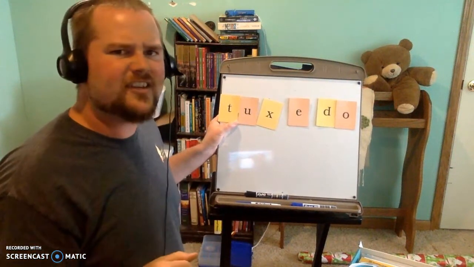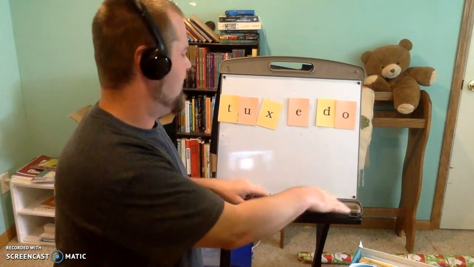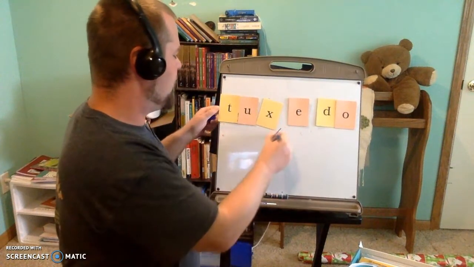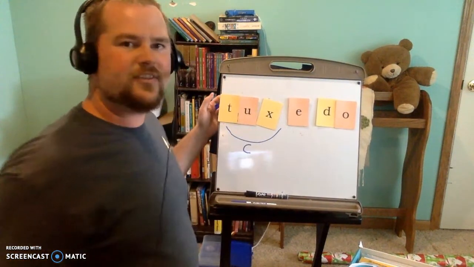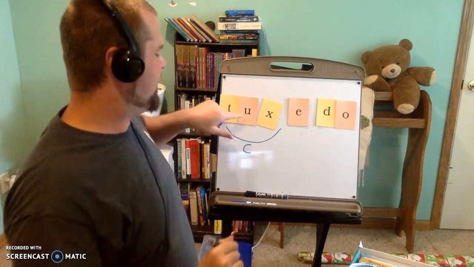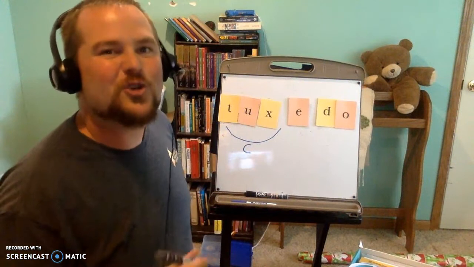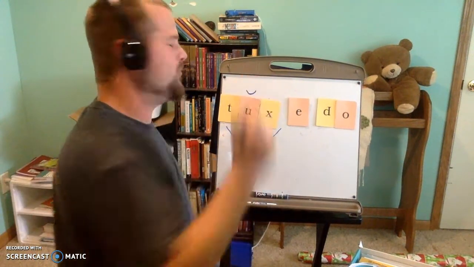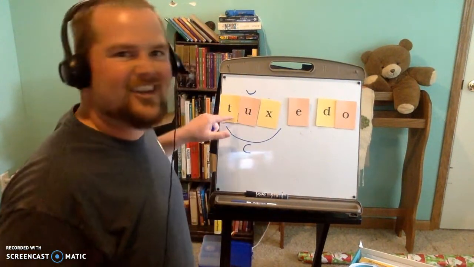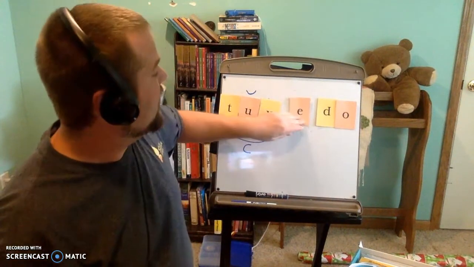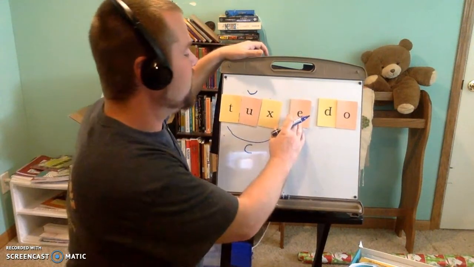What syllable is this? We know it's closed, so we're going to mark it with a C. And this U is going to say what? Yes, it's a short U. So let's put a breve above that U. So this says tux.